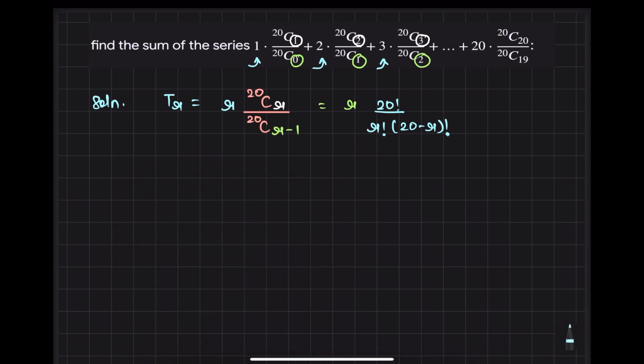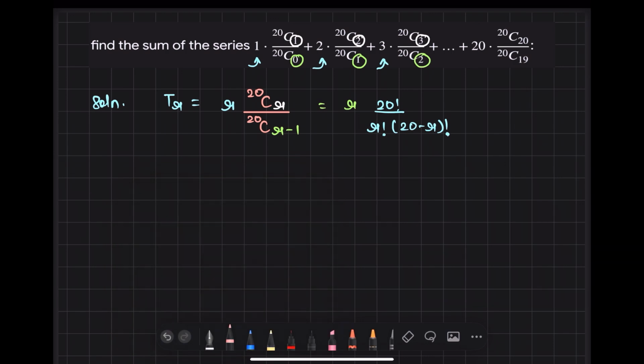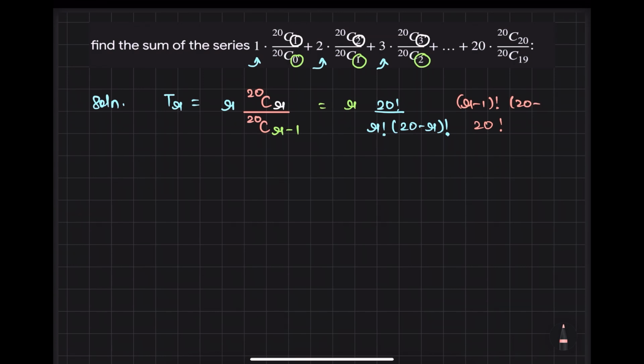Now focus on the second entity, 20C_(r minus 1). Look at this part. We have 20 factorial, then (r minus 1) factorial, and then (20 minus r plus 1) factorial, correct?